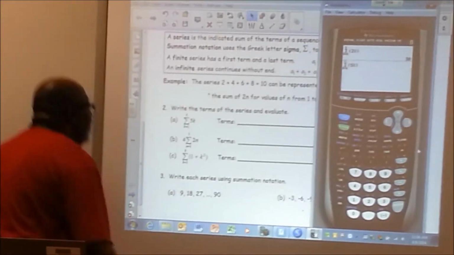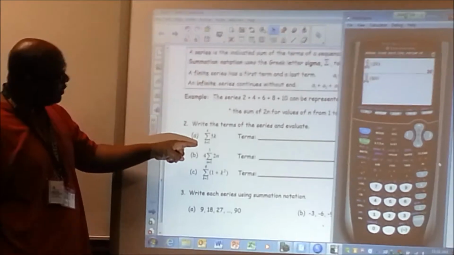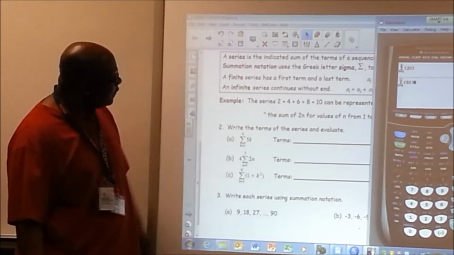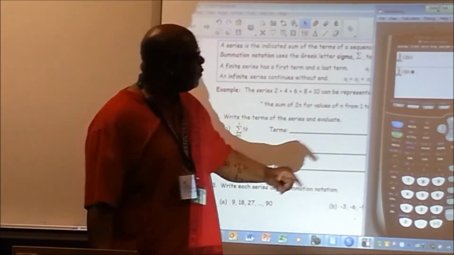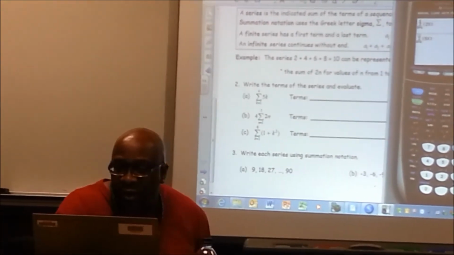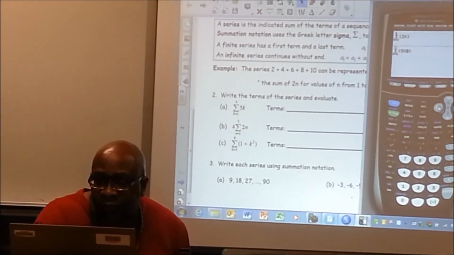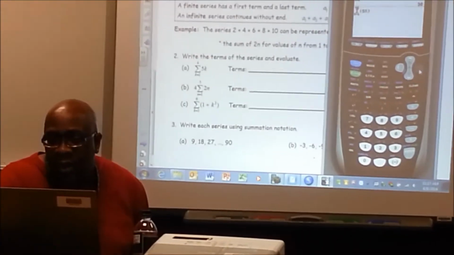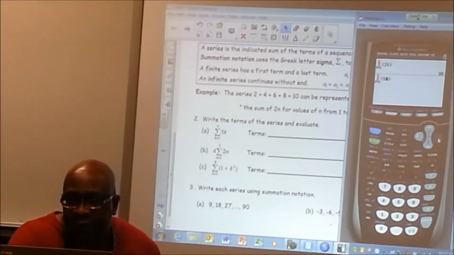Because in 2a, they're asking us to tell them the sum between the first term and the fourth term, working on the explicit formula 5x. So I need to place in the 4 up top here. Let me go back for that. And 4. Okay, so there's our formula.